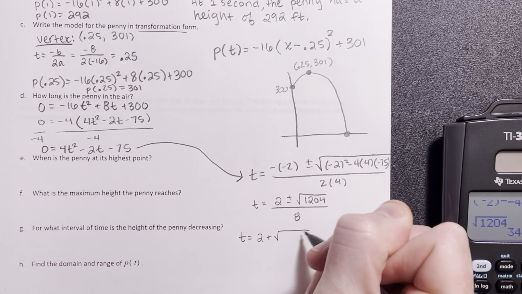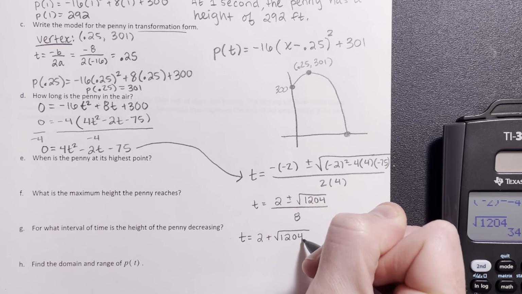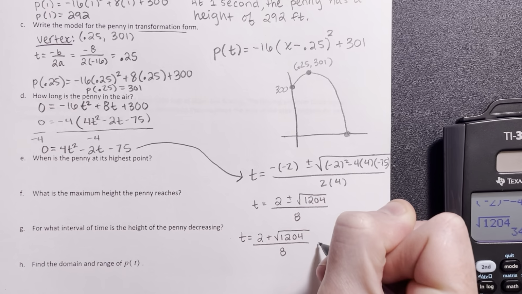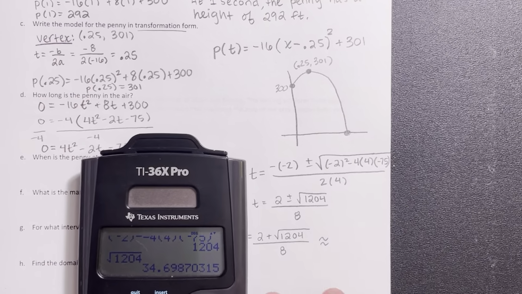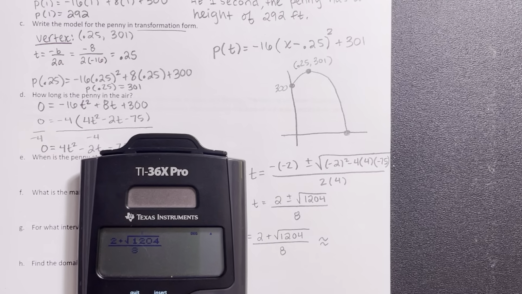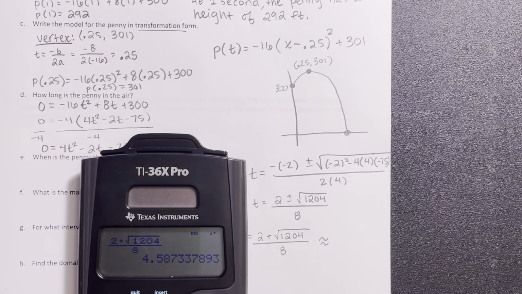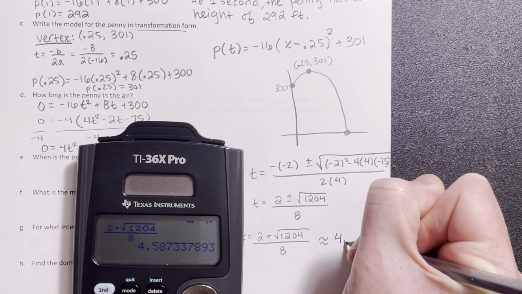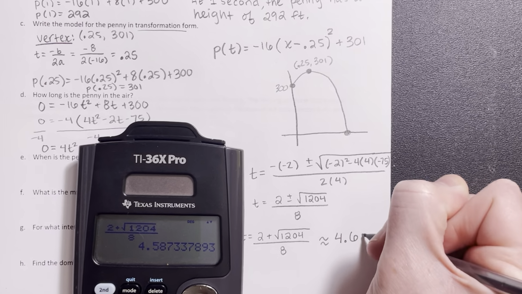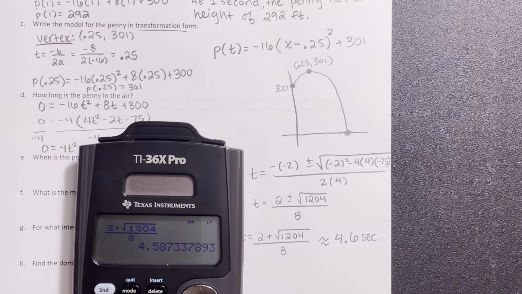So 2 plus the square root of 1204 divided by 8 is approximately, and we're going to use our calculator to figure that out, roughly 4.59. So I'm going to say 4.6 seconds.